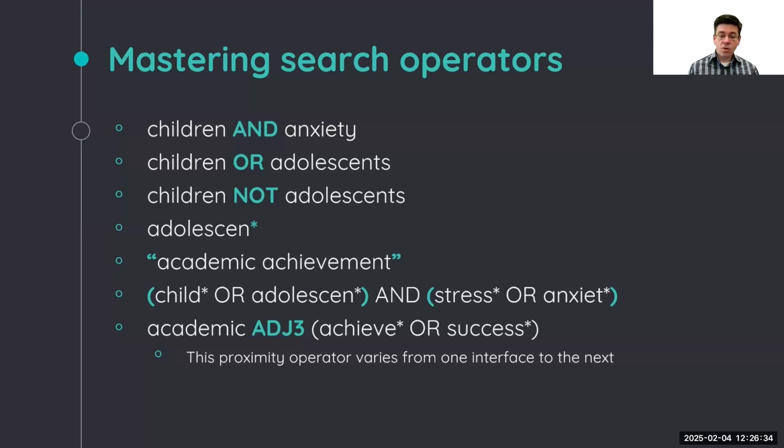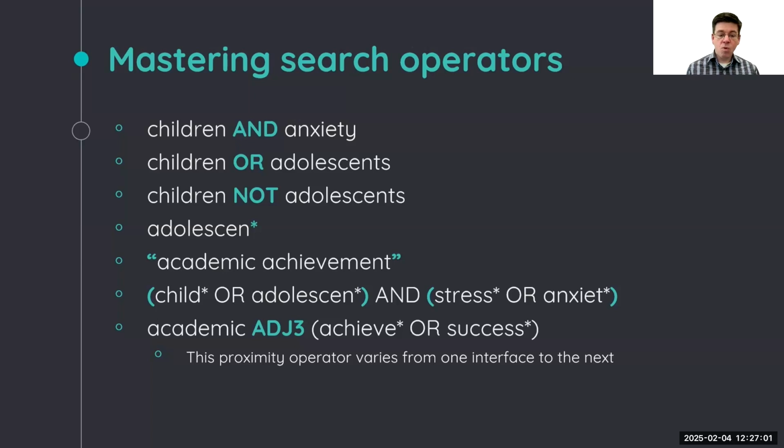So it's going to search for the two words in close proximity of each other. So academic will have to be within 3 words. That's where the number 3 comes in, within 3 words of the word, sorry, not anxiety, achieve or achievement or success or successes or successful, for instance. And the order is not important. So the words achieve or success can come before academic or vice versa in this case.